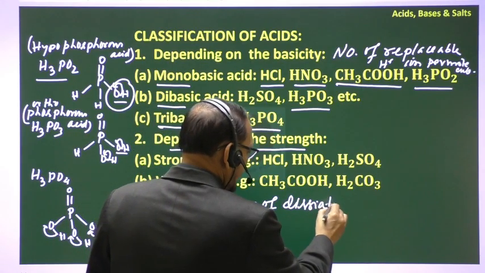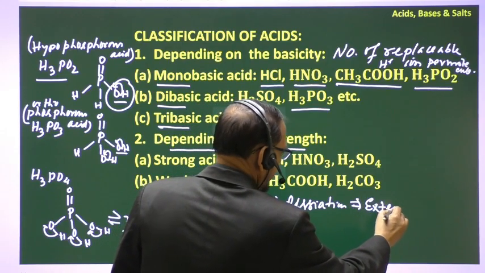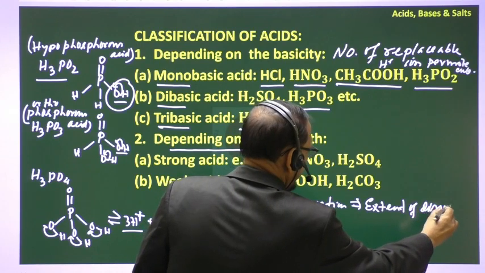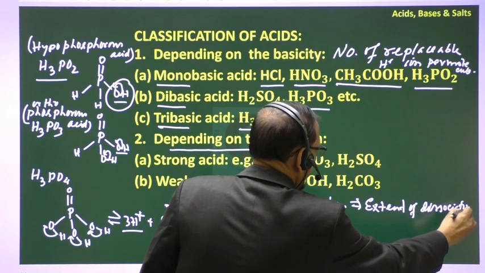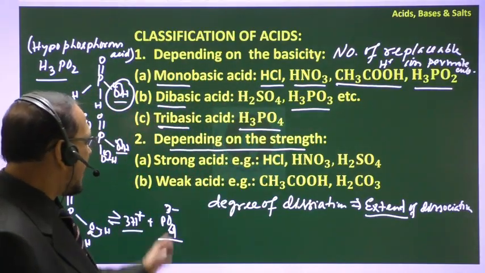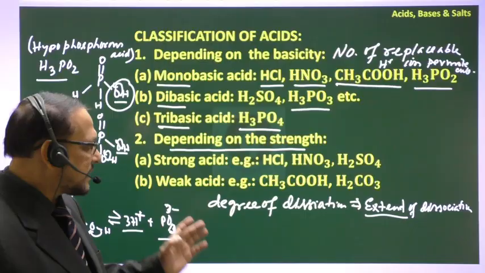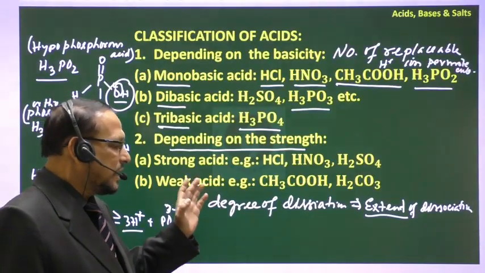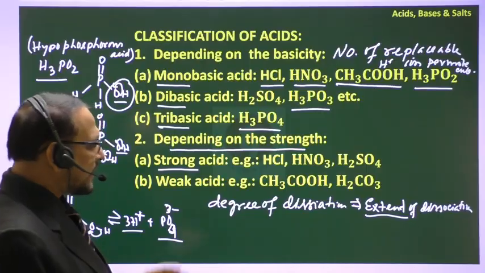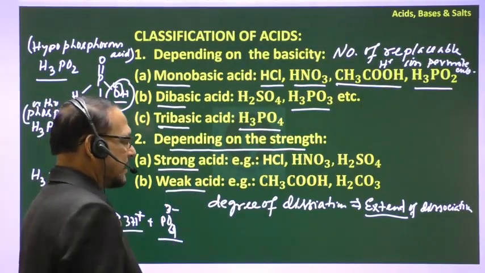Degree of dissociation means extent of dissociation, or we can say the percentage of dissociation. If the percentage of dissociation of an acid is more, then it is a strong acid. If the percentage of dissociation is less, then it is a weak acid.